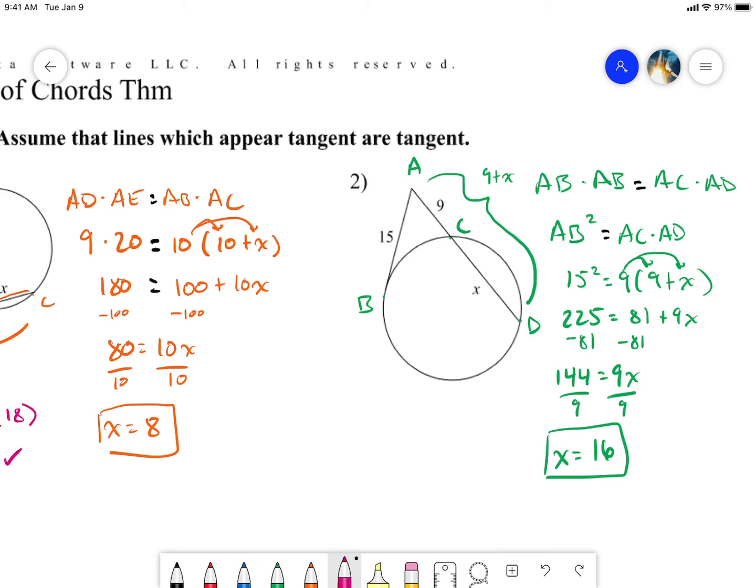Again, we want to check. Does 15 squared equal 9 times 9 plus 16, which is 25? And we have 225 is equal to 225. So we are good.